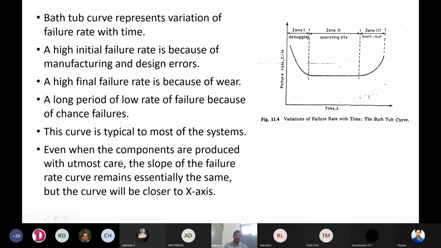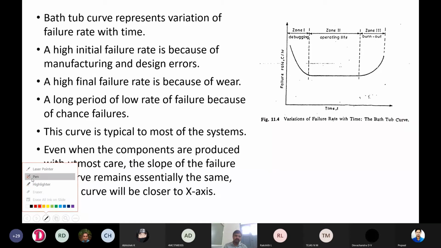Even when the components are produced with utmost care, the slope of the failure rate curve remains essentially the same, but the curve will be closer to the x-axis. Based on the observations made by many designers and engineers, the shape of this failure curve will remain the same, but the position of this horizontal line will come down instead of here.